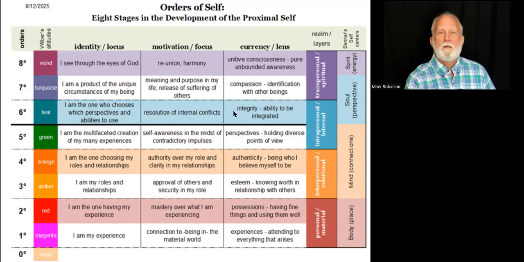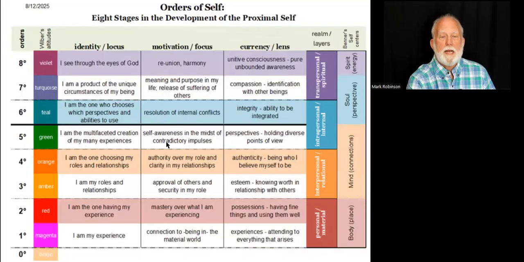So my question for us is, do we want to be someone who can function at sixth, seventh, eighth order? Do we want to get to that non-dual awareness? Do we want to be at what's sometimes referred to as a second-tier consciousness?